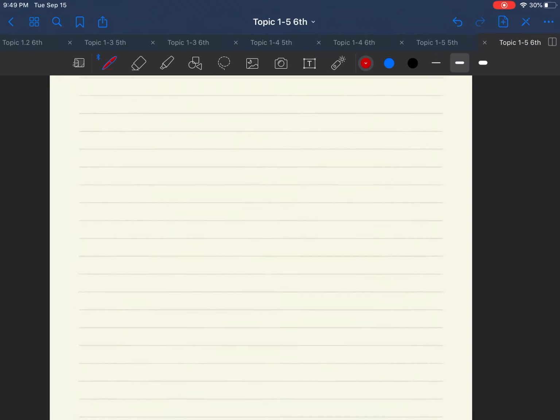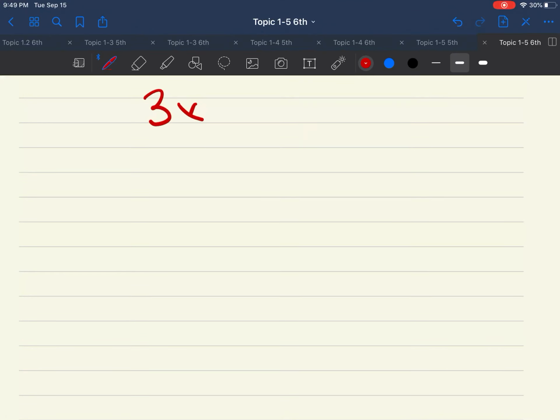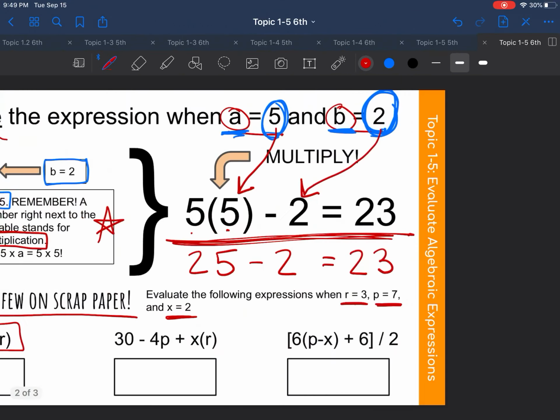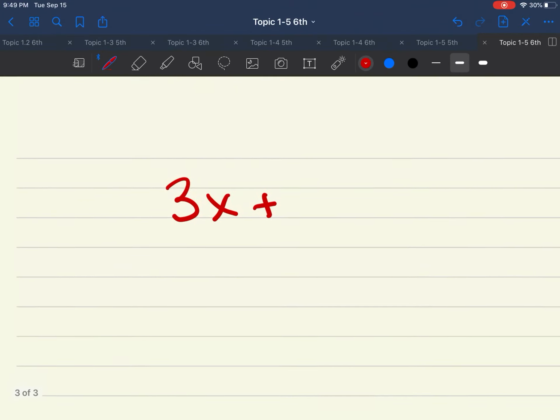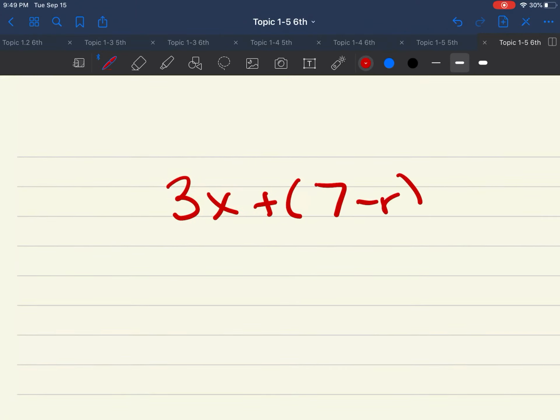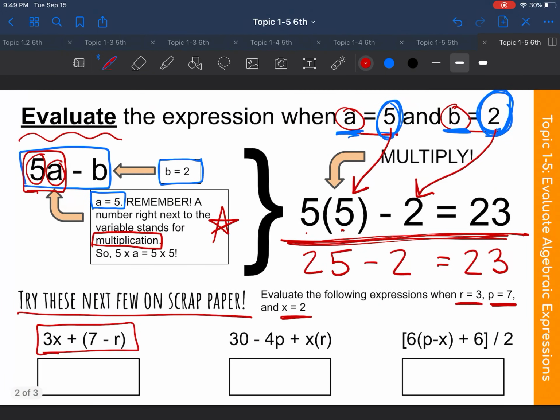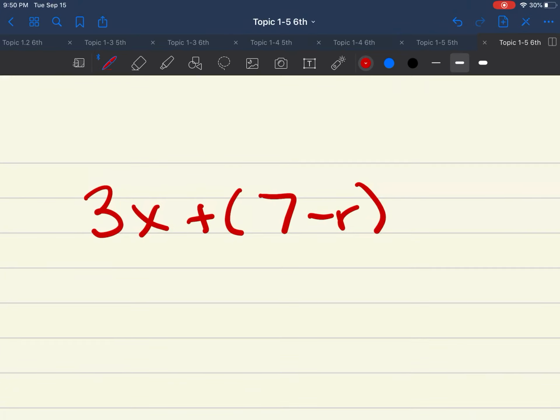So it's 3x plus 7 minus r. All right, and it's when r equals 3, p equals 7, x equals 2.